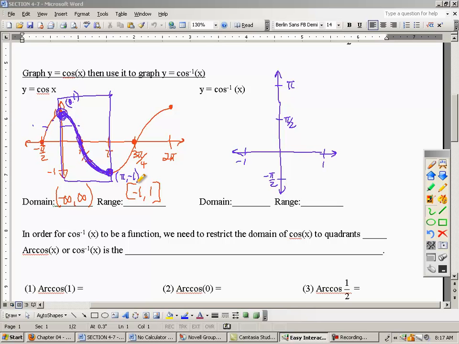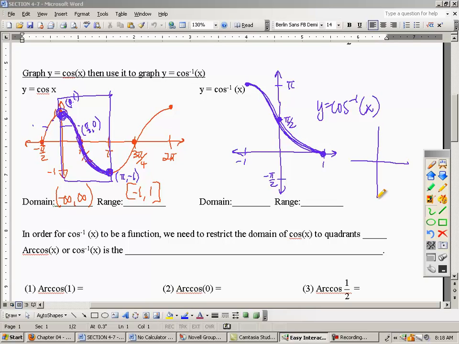The point 1, 0, I can put on this graph. And then I have this point pi over 2, 0. So I'm going to go to 0 and then pi over 2. And instead of pi, -1, I'm going to go to -1 and up pi. And so you'll see I have this graph. And so this is the graph here of the inverse cosine.